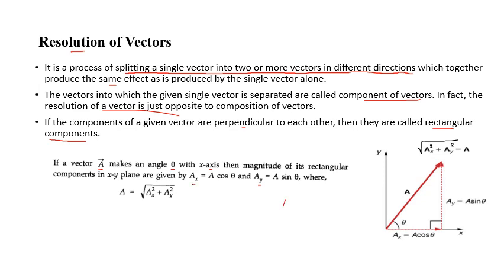We are going to divide a vector A into two components, one is Ax, another is Ay. Ax along the x-axis, Ay along the y-axis. Then look at the diagram now.